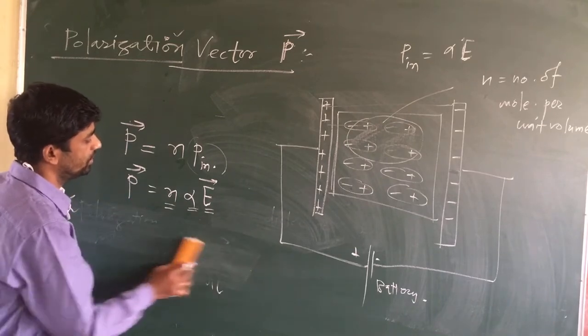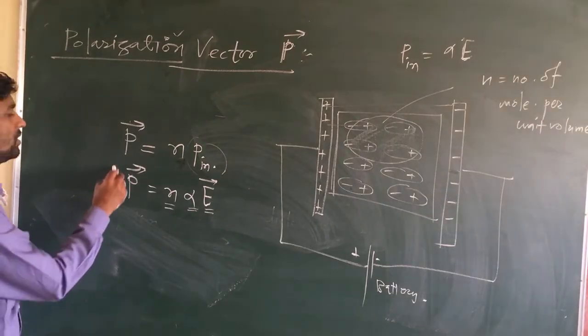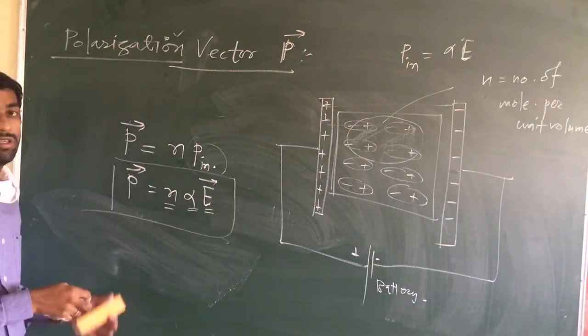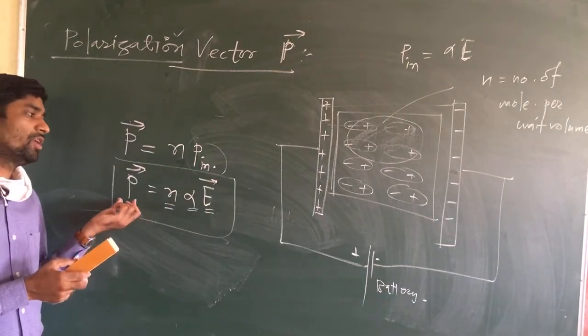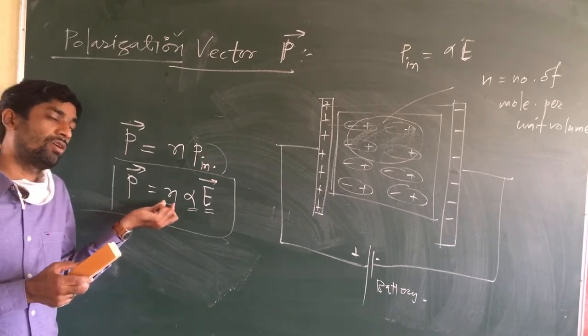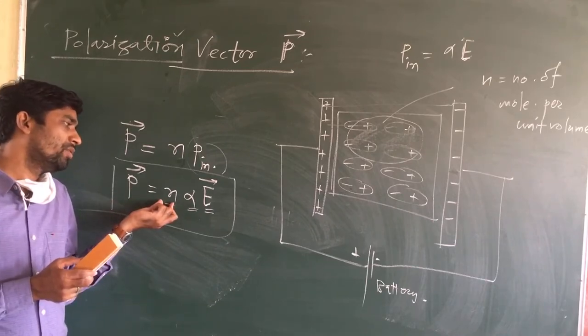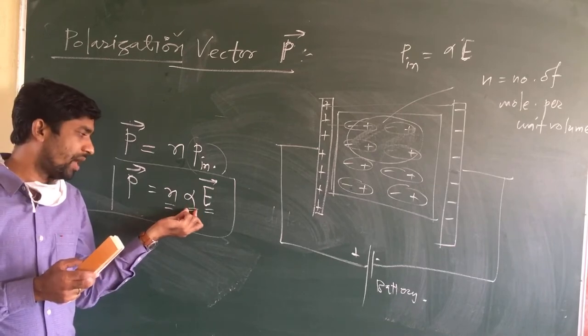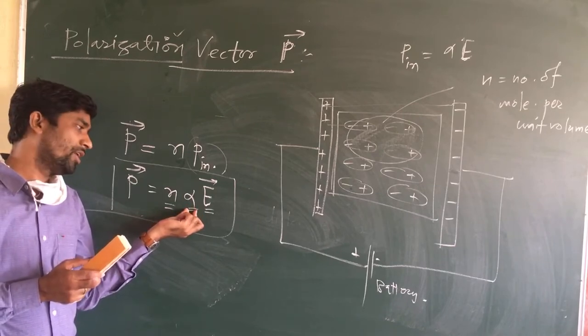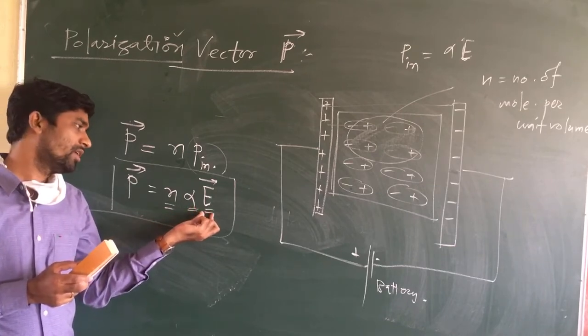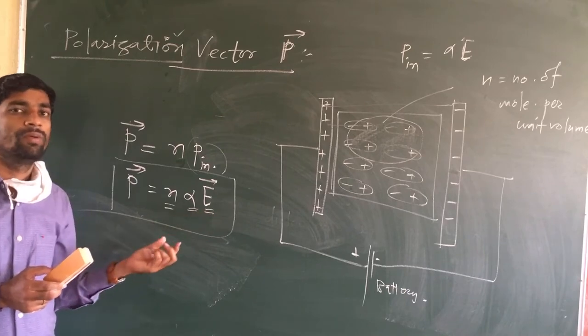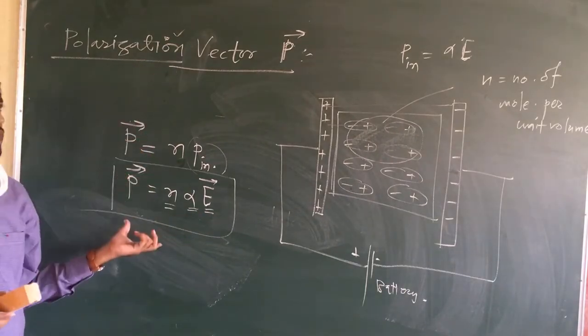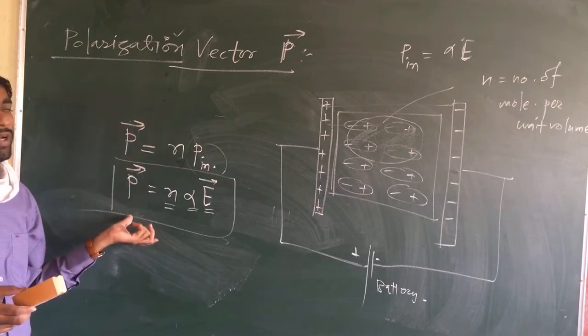So this is the expression for your polarization vector. It is a product of the number of atoms per unit volume, alpha, the polarizability constant, and E, the external electric field.